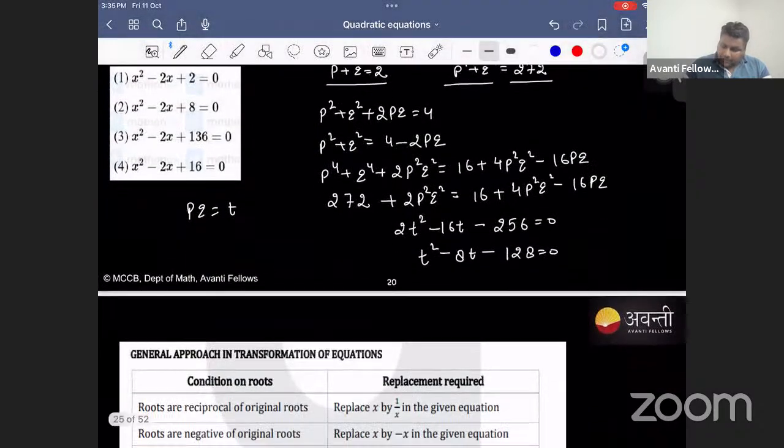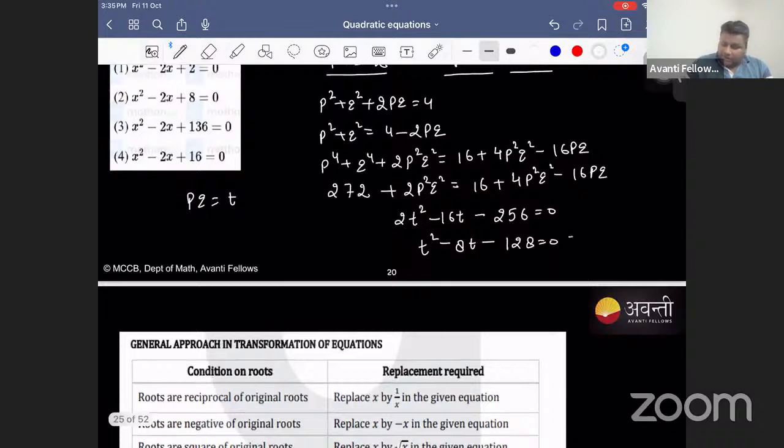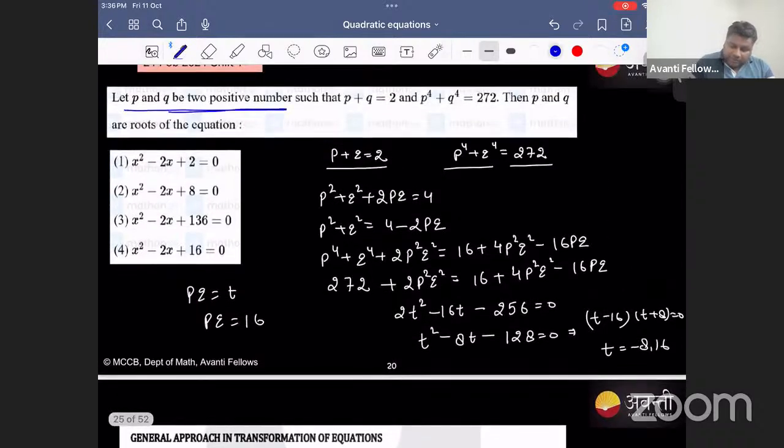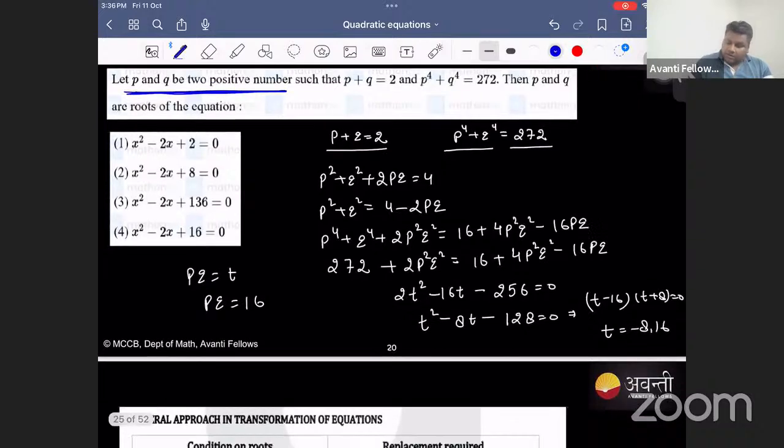Am I clear? Now this quadratic we can factorize. 128, 16 and 8. Factors will be (T minus 16)(T plus 8) equals 0. So T is minus 8 or 16. So that means PQ is what? 16, because they are saying P and Q are two positive numbers, so PQ will also be positive.